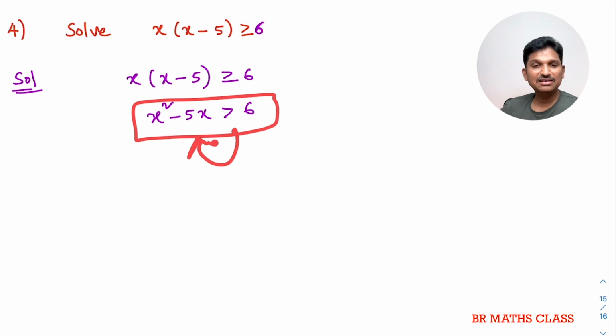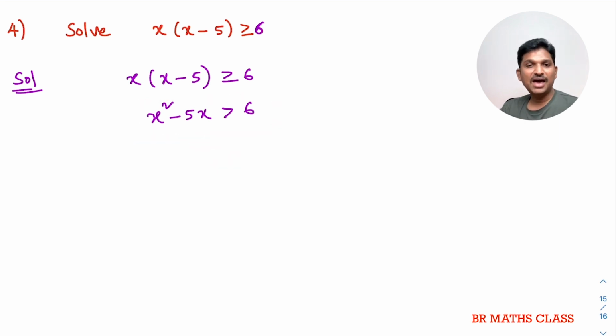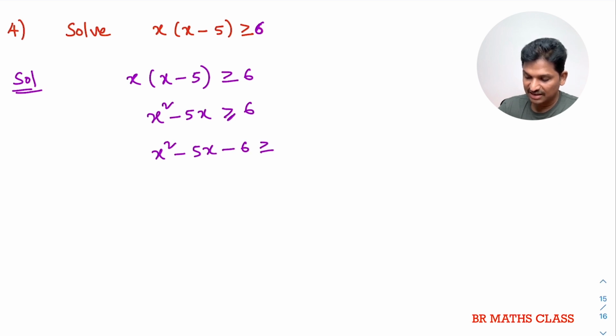Actually we cannot take it like this, we are subtracting 6 on both sides. For an inequality, if we add or subtract any real number, the sign of inequality remains the same, you know that. So this will become x square minus 5x minus 6 greater than or equal to 0. Now you see this is a quadratic expression, right? We can split the middle term.